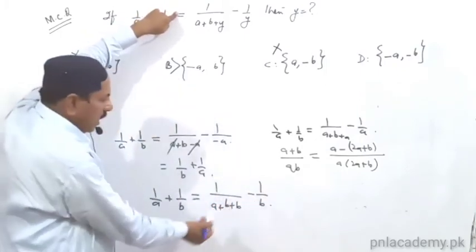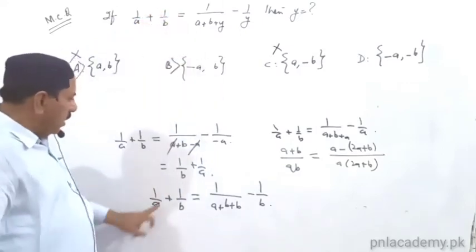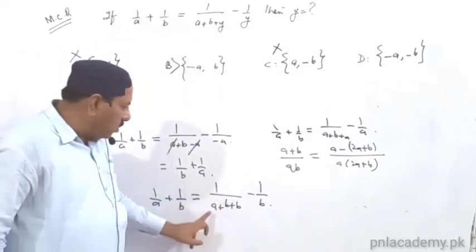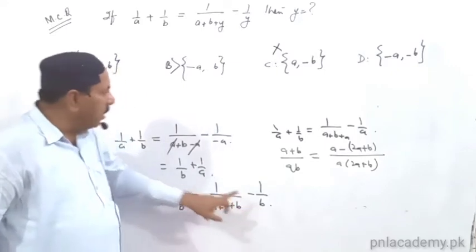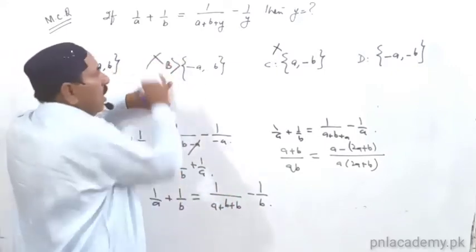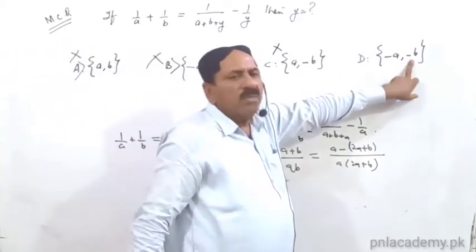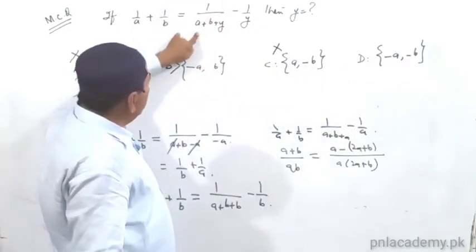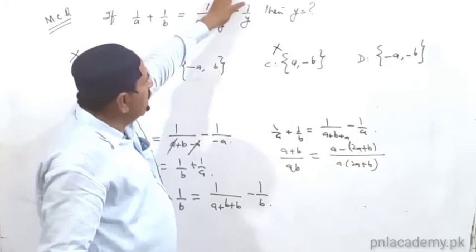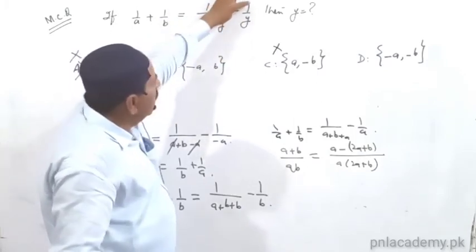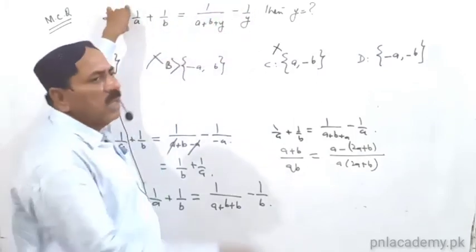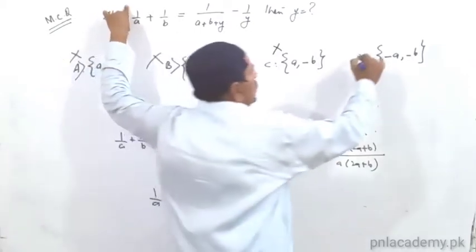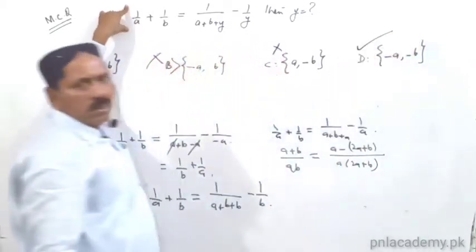So after the calculation, 1 upon a plus 1 upon b is not equal to 1 upon a plus 2b and minus 1 upon b. So this will also be wrong. After substitution of minus b, this will be 1 upon a plus 1 upon b, which is equal to the left side. So D is the correct option.